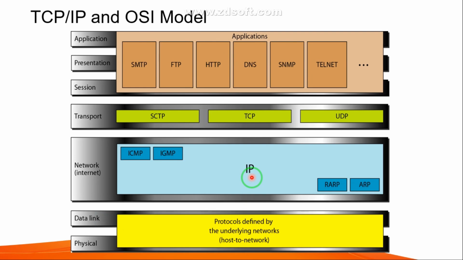Now you can see from this figure that the physical layer, as we know, is responsible for carrying individual bits in a frame across the link.